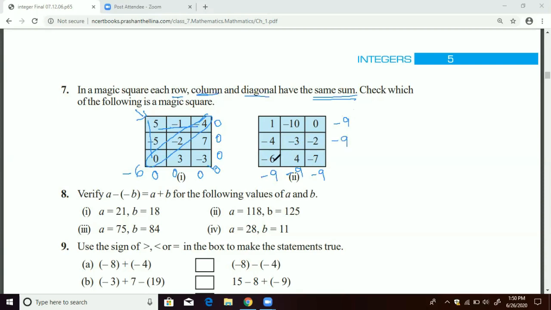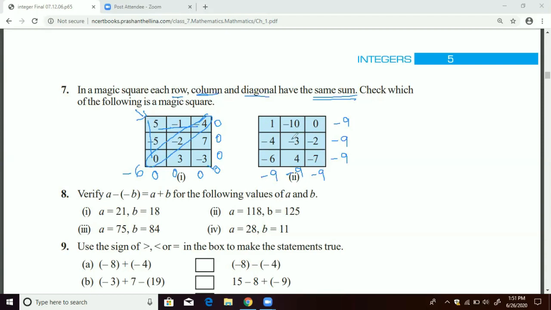Then negative 6 plus 4, you will get a minus 2. Minus 2 plus minus 7, again you will get a minus 9. So in this row also we get a minus 9. Then what about this diagonal? 1 plus minus 3 is minus 2, because negative 3 has more absolute value.